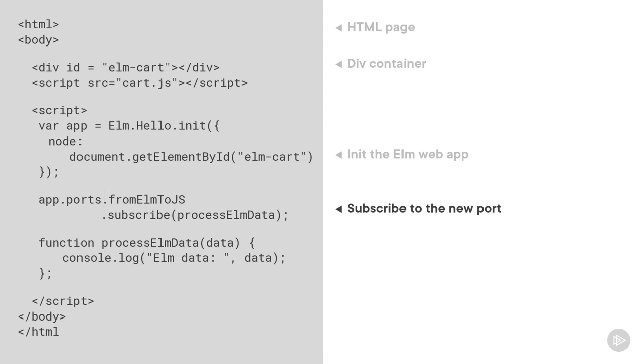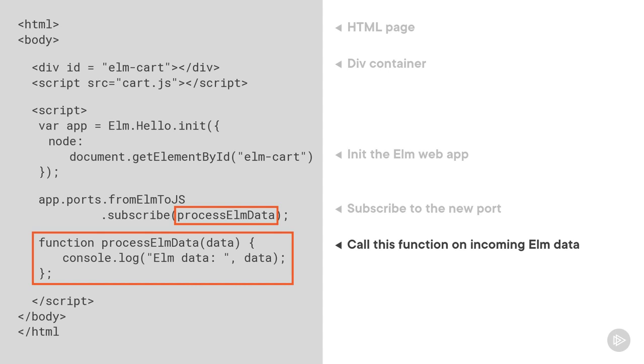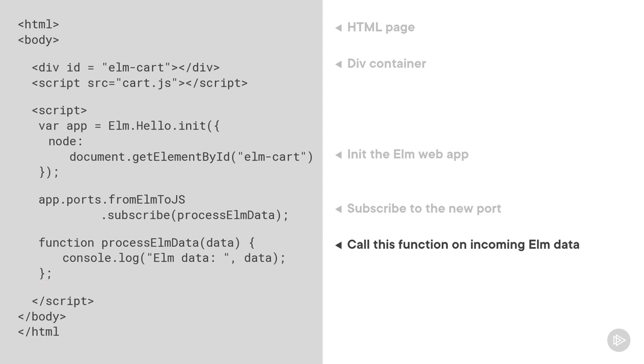By subscribing to the new port, the processElmData function is going to be called each time a new string is sent by the Elm code. This function just displays a string in the console with the Elm data and the actual received data. The point is that the data from Elm really arrives at our JavaScript code and can be used as input to other JavaScript functions. Let's have a quick demo.